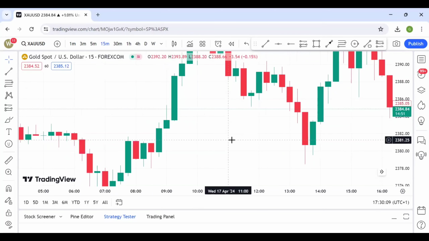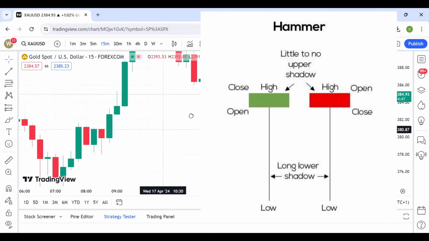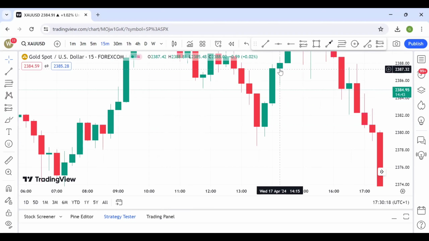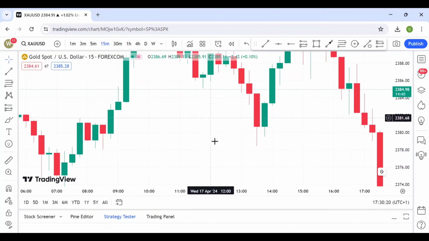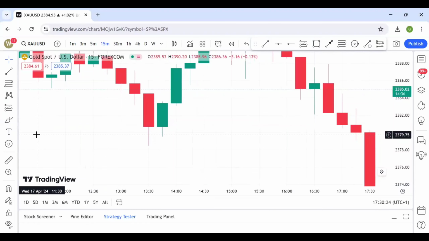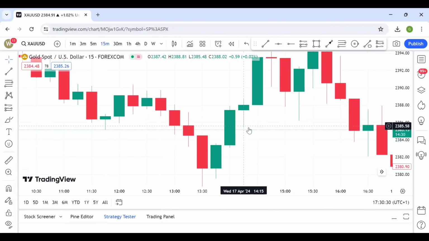So first we are going to start with the hammer. If you look at it, all these ones, this is a hammer. This one is also a hammer. This candle is a hammer candle. This is a hammer.